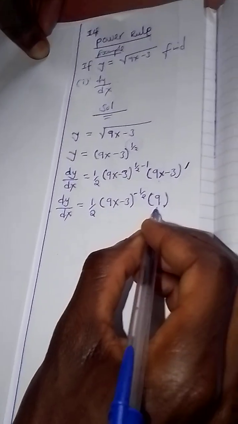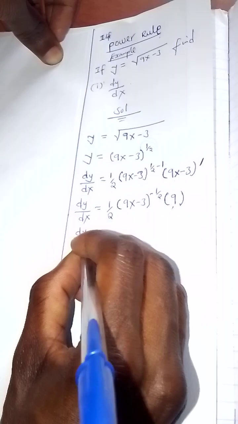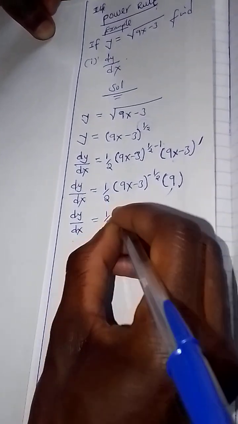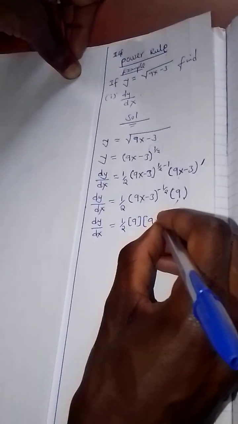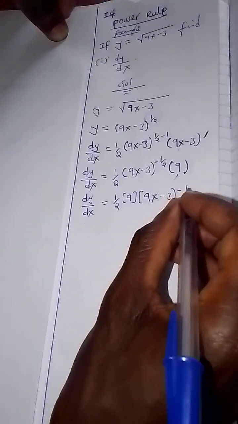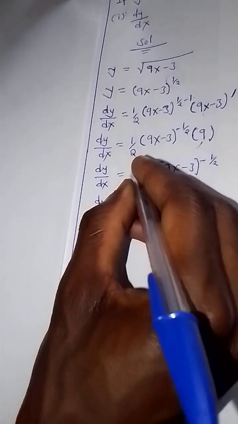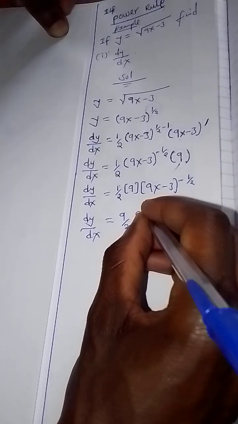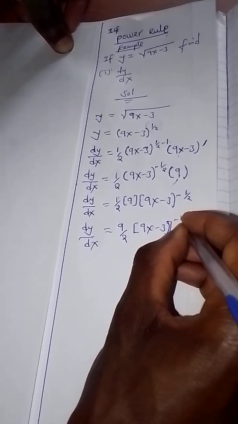So this 9 will be multiplied with this 1 over 2. So dy/dx will be equal to 1 over 2 times 9, open bracket, 9x minus 3 to the power negative 1 over 2. What is 1 over 2 times 9? It will give us 9 over 2, open bracket, 9x minus 3 to the power negative 1 over 2.